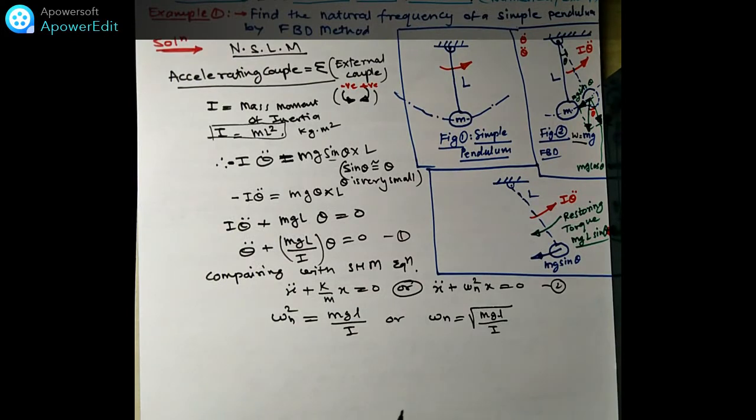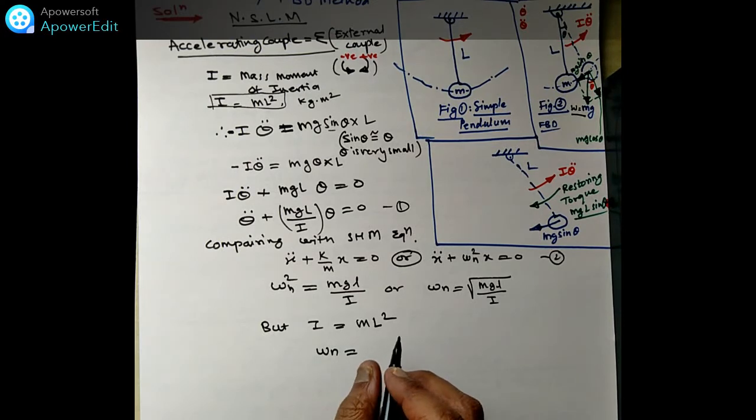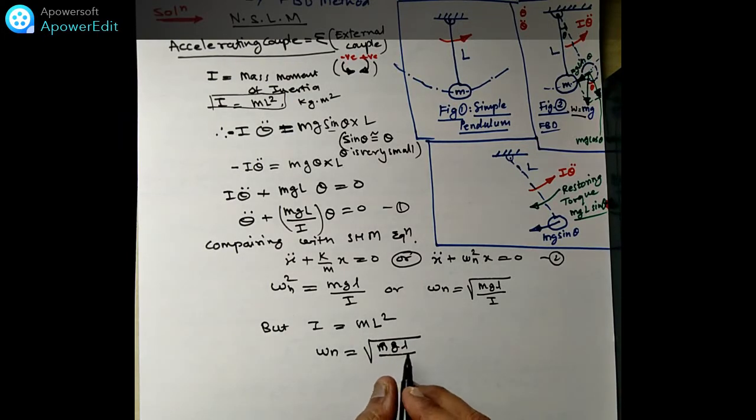But friends, what is the value of I? We know the value of I is equal to ml square. Put this value in this equation. So omega n is equal to the square root of mgL divided by ml square in the denominator.